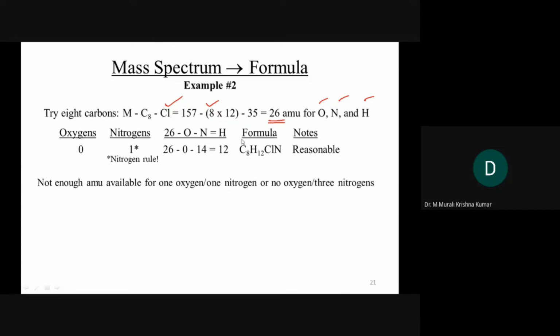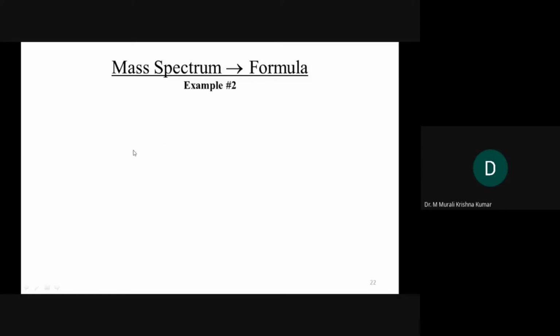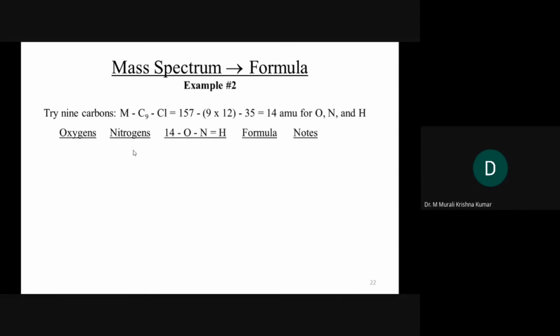So with this, we cannot consider 9 carbons. If we consider 9 carbons, then what is happening? Only 14 AMU is remaining for oxygen, nitrogen, and hydrogen. As I told you, nitrogen needs to be there. We cannot avoid that. Then what will happen? You are absolutely getting no place for hydrogens.